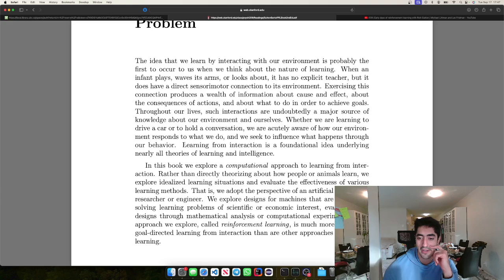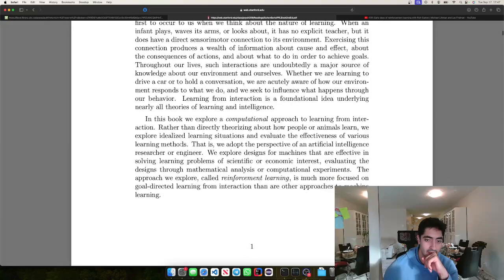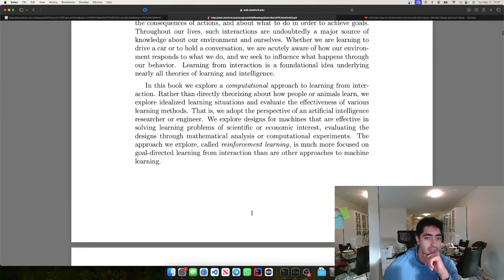Learning from interaction is a foundational idea underlying nearly all theories of learning and intelligence. In this book, we explore a computational approach to learning from interaction. Rather than directly theorizing about how people or animals learn, we explore idealized learning situations and evaluate the effectiveness of various learning methods.